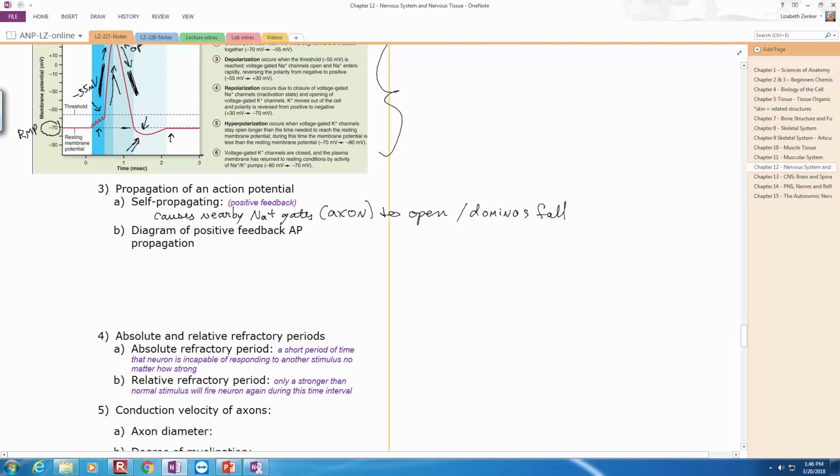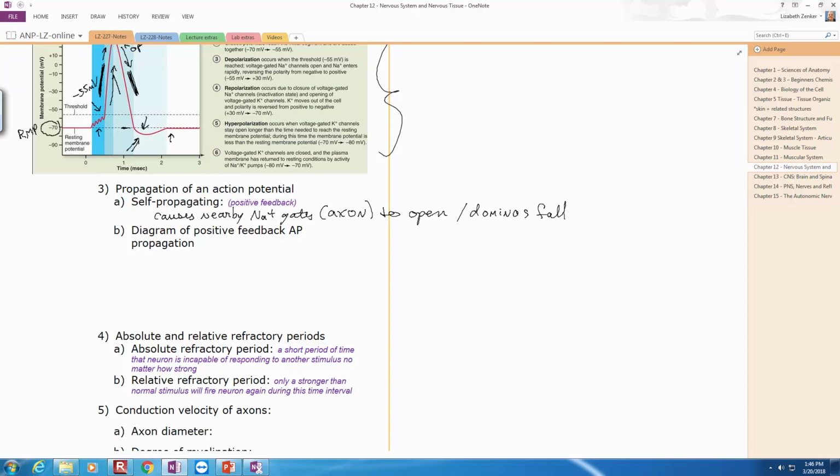So the first sodium gate opens, meaning the first domino got knocked over. It then hits the second one. So the first sodium gate opens, then the second sodium gate opens, then the third, and it doesn't matter how long it is, every single one of those is going to open down the row like a domino, ting, ting, ting, until what?